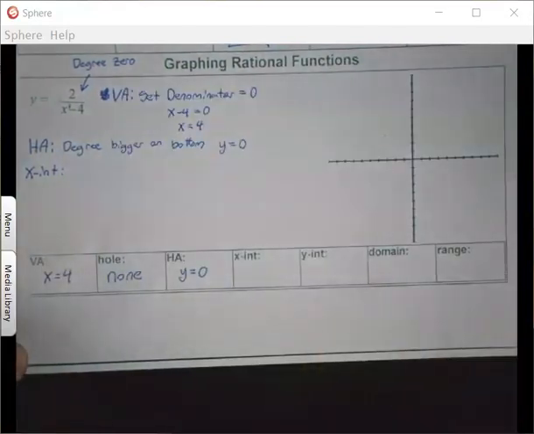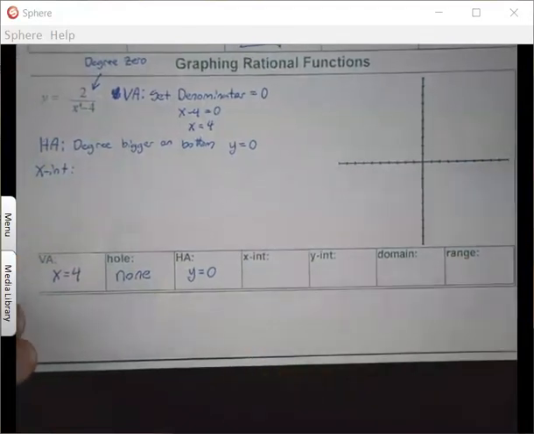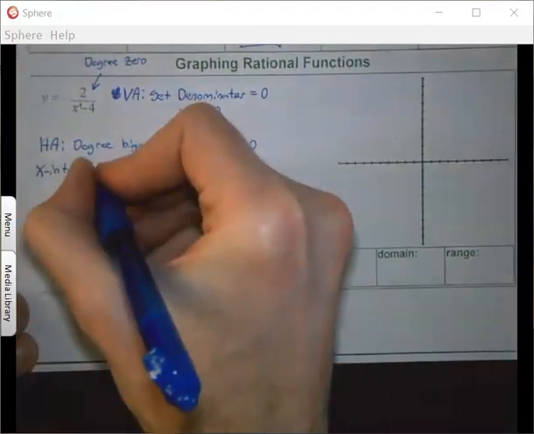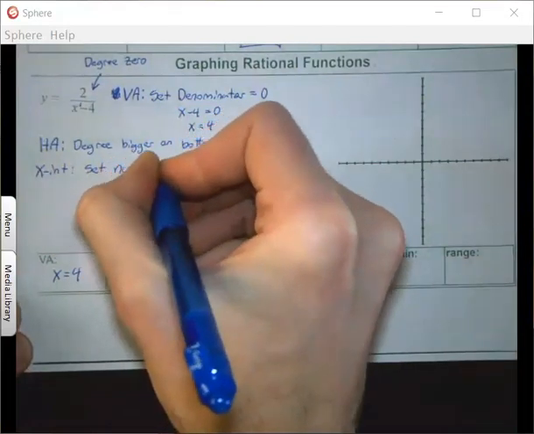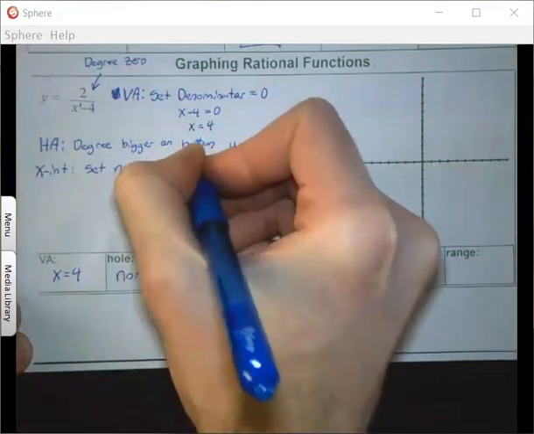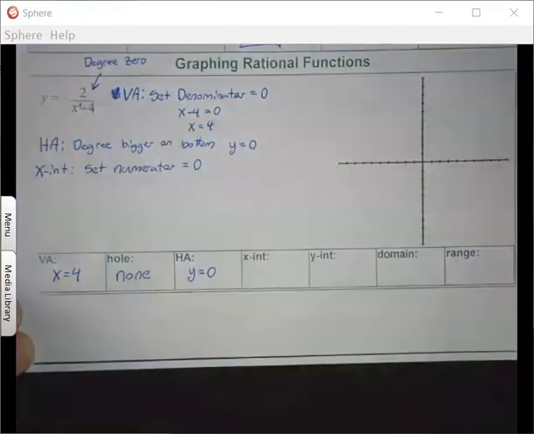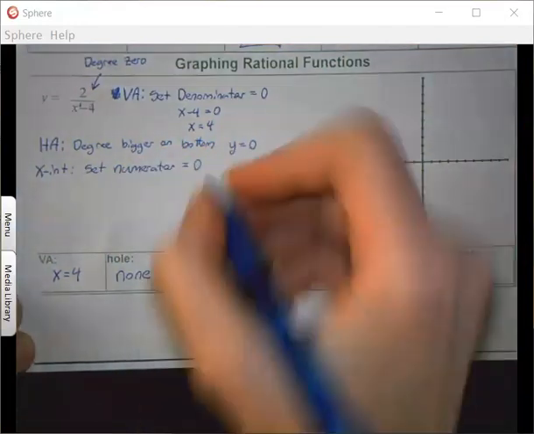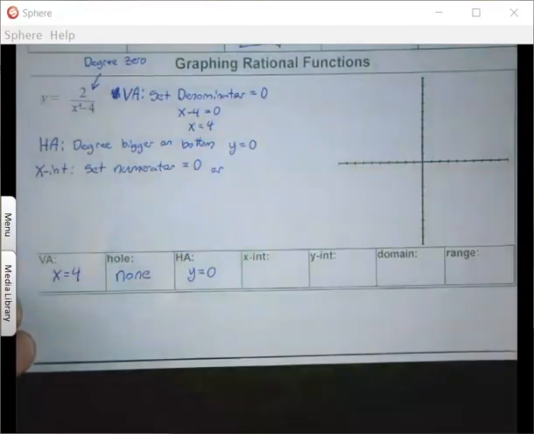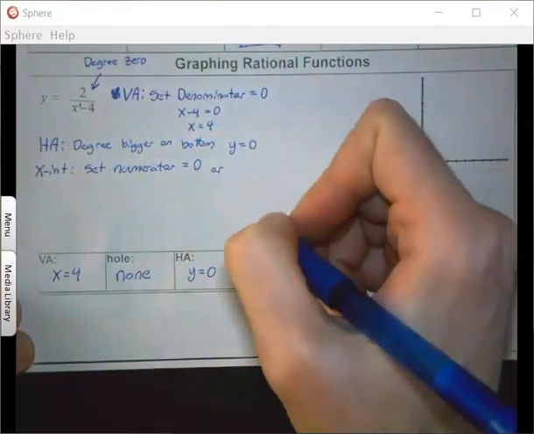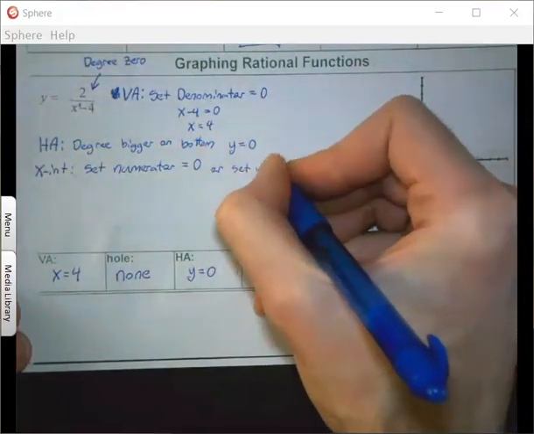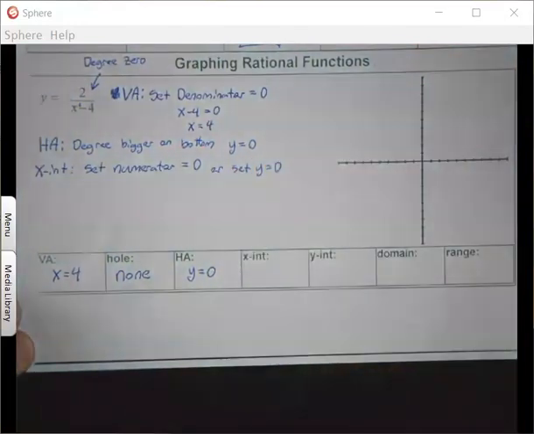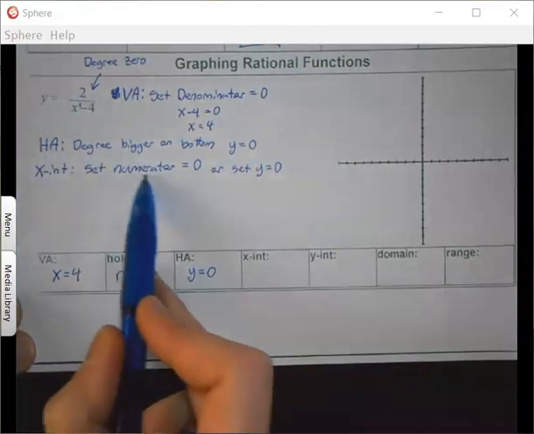So for our x-intercept, we have two options. We can set the numerator equal to 0, or set y equal to 0. Most of the time, it's going to be a lot easier to just make the numerator 0.